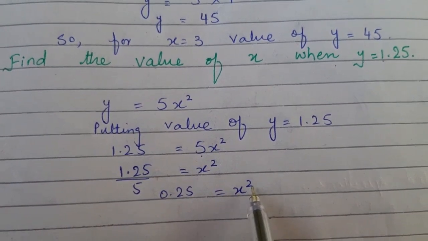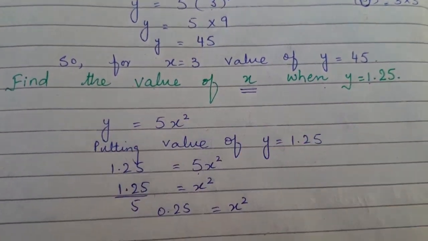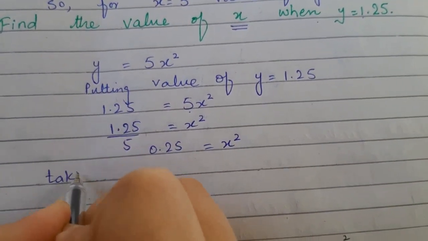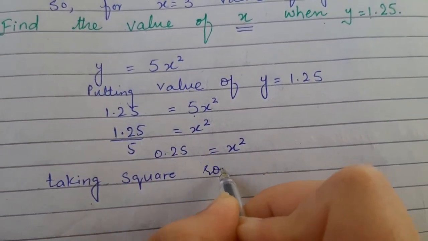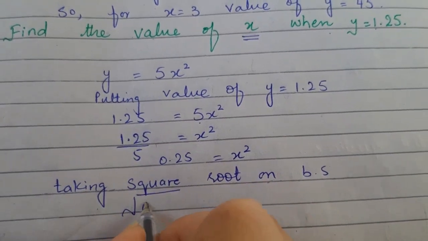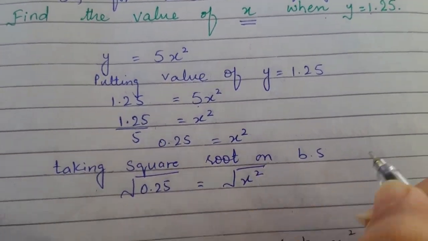Now here x square is given, but what we have to find is the value of x. So for doing it, we are going to take the square root on both sides. It means under root 0.25 is equal to under root x square. What does it mean?